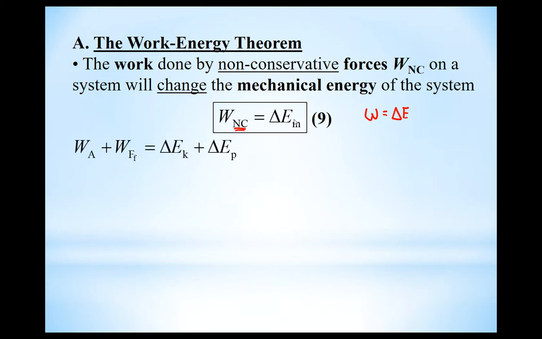Now we're going to expand this. Okay, so what are my non-conservative forces? Well, my non-conservative forces could be work done by an applied force, and it could also be the work done by the force of friction. So those are my two big non-conservative forces.